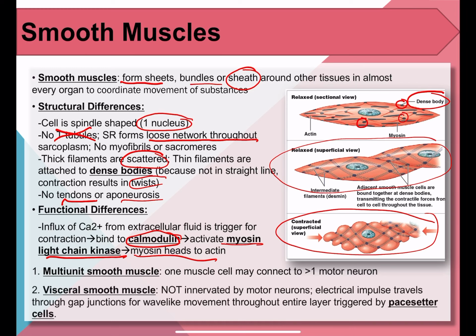And the last thing about smooth muscles: in terms of innervation, smooth muscles can have two different categories. One's called multi-unit smooth muscle, and the other is called visceral smooth muscle. With multi-unit smooth muscle regions, one muscle cell may connect to more than one motor neuron. That's different because in skeletal muscle, there is only one neuron for one muscle cell.